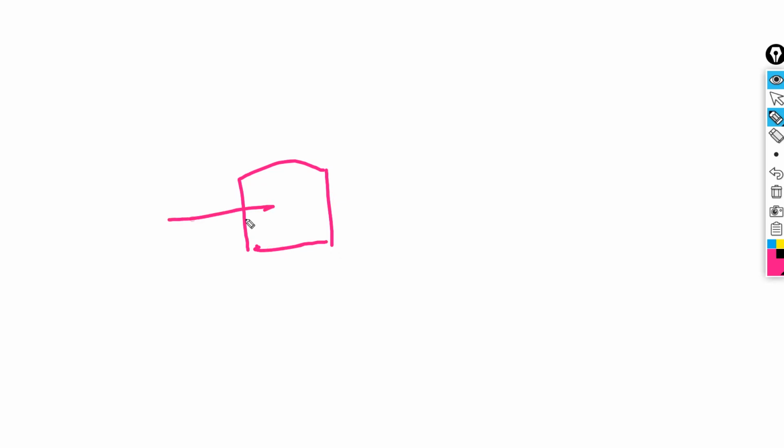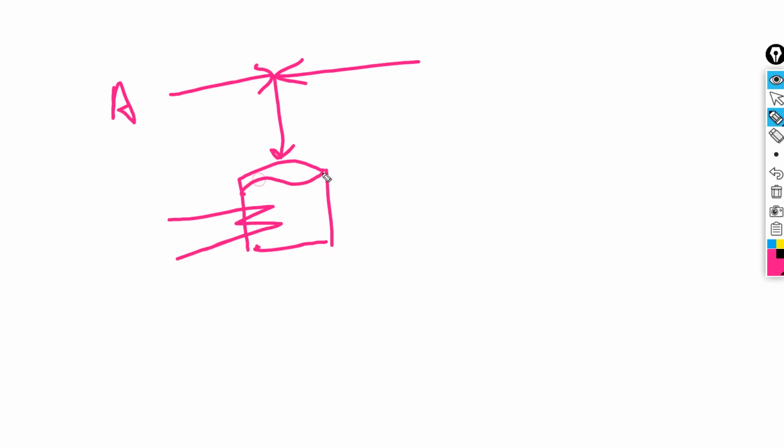So, what we have is a CSTR with cooling. You've got fresh A coming in, it mixes with recycle A, and the reaction A goes to B occurs in the reactor.